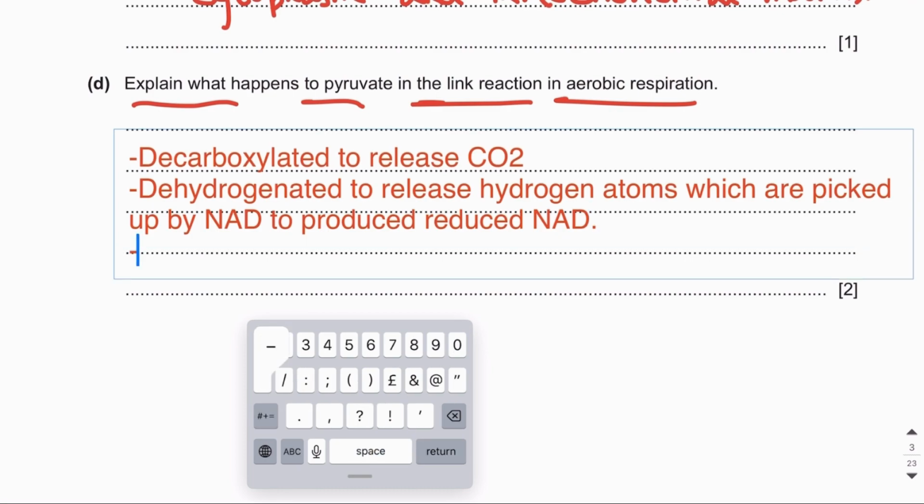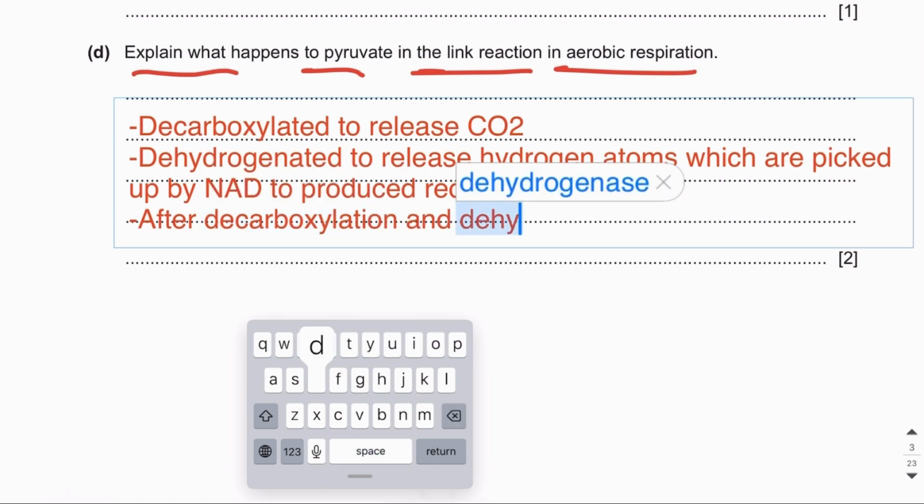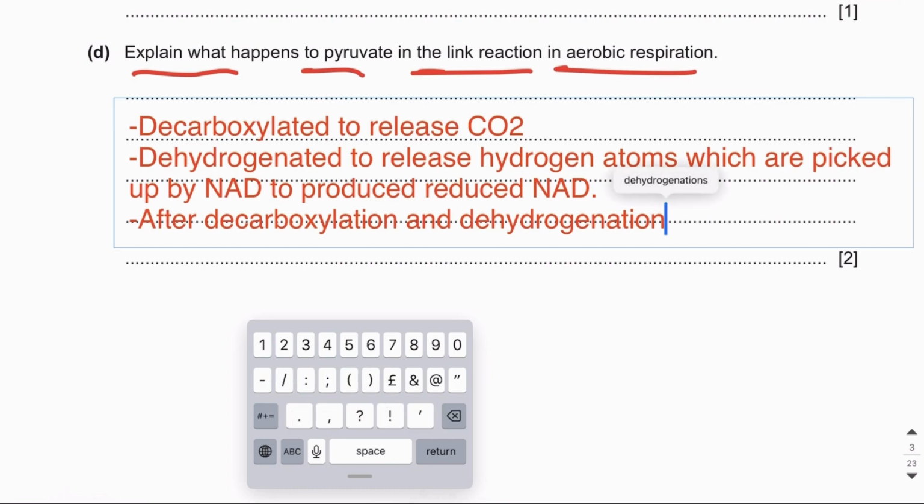After decarboxylation and dehydrogenation, what happens? After decarboxylation and dehydrogenation, acetyl group is left.